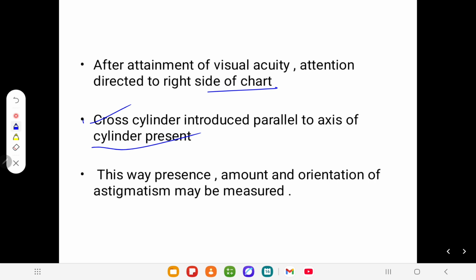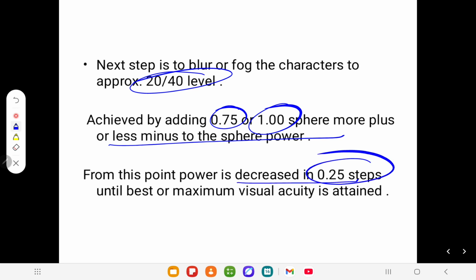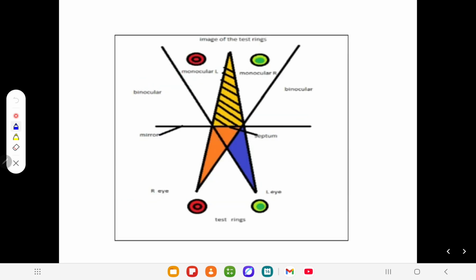If cylinder is present, the amount and orientation are measured, similar to monocular subjective refraction. Next, blur or fog the characters, which is again the same, adding 0.75 plus or minus from this point, and decreasing on fogging. So this is the same, isn't it?